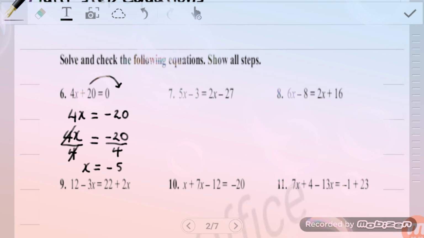I'm going to use another method now in example number 7, where we don't necessarily have to do this arrow thing. There are a lot of other YouTube videos out there that use a different technique, so I'm going to show you that in this example. So here we have 5x take away 3 is equal to 2x take away 27.